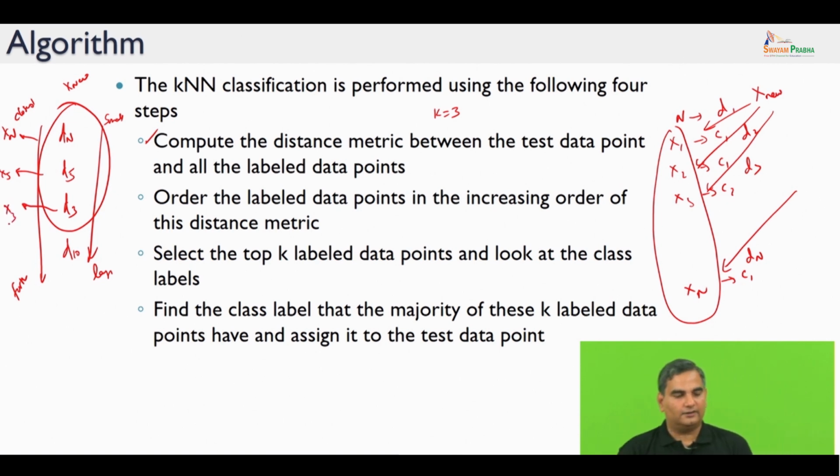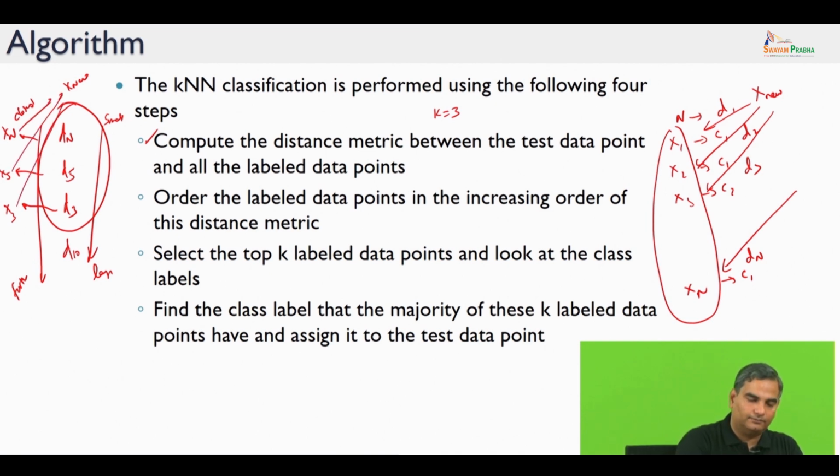So once we order this according to distance and go from the smallest to largest, we also know what the corresponding data points are. So this is the data point xn, this is the distance between xn and x new, the distance between x5 and x new. So now I have these 3 data points that I picked out from the data set.